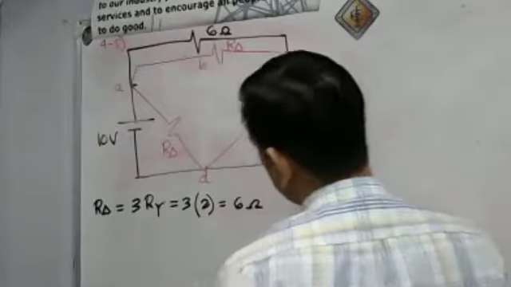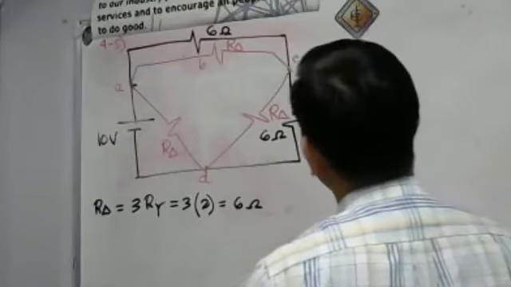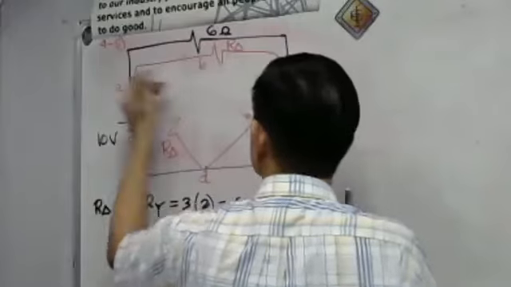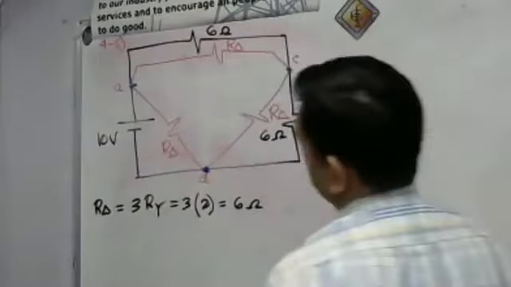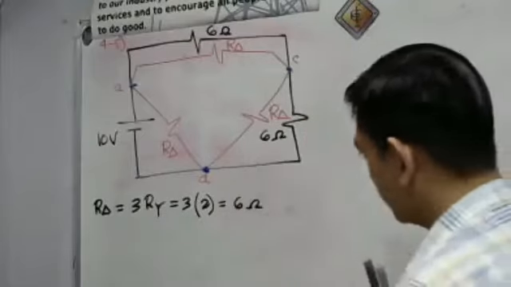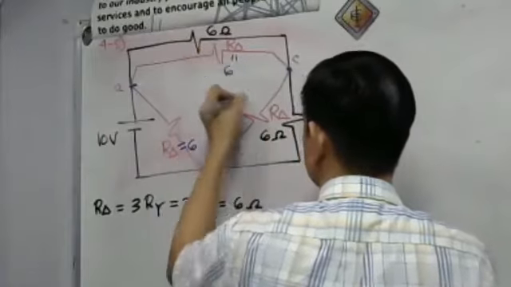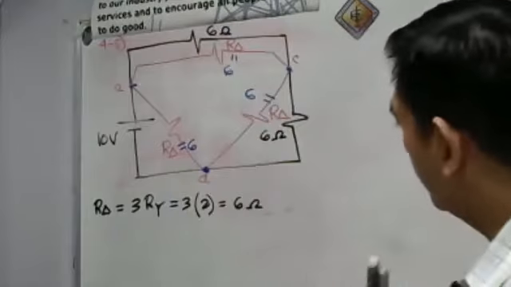What will happen? These are the nodes. There will be no more node B. Remember that they have all 6 ohm values.